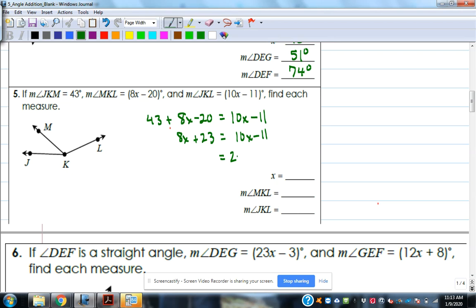The 2x is equal to 34. So x is 17. And 8 times 17 minus 20, that'd be 136 minus 20, which would be 116. And then 170 minus 11 would be 159.